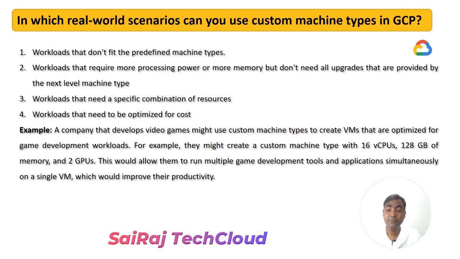For example, custom machine types can be used to create a VM with more vCPU, memory, and other resources than a predefined machine type, but without having to upgrade to the next level of machine types. This can be useful for workloads that need a little more power or memory than the predefined machine types, but do not need all the features and capabilities included in the next level of machine types.